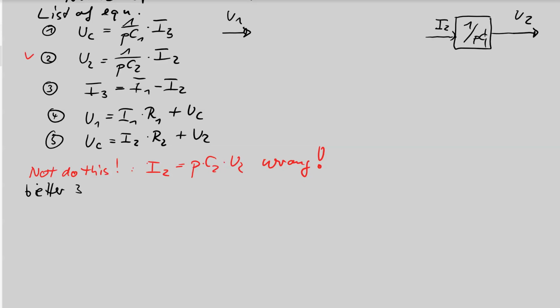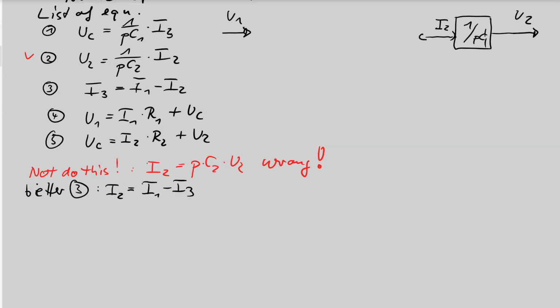equation 3, solved. I need I2 as an input here, so I have to solve this in the way that I have I2 as an output. I2 on the left side positive is I1 minus I3.